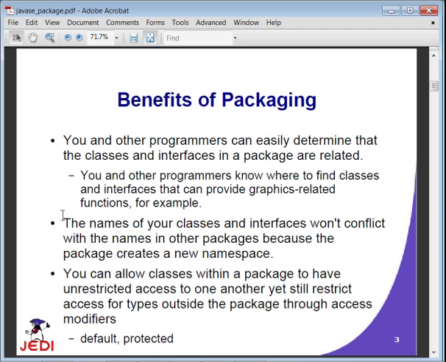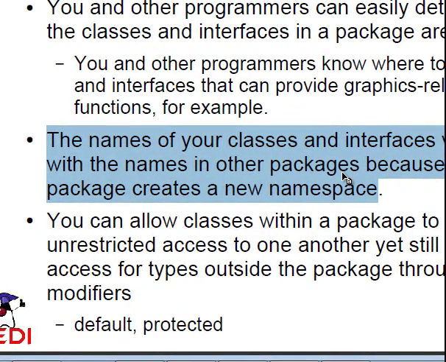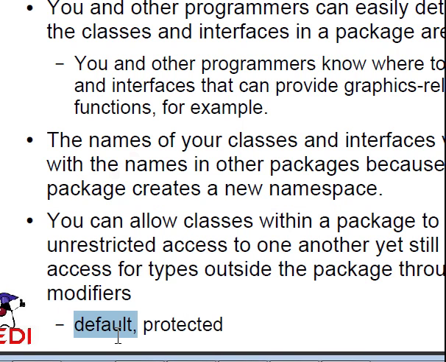The second thing is namespace management. If you happen to have classes that have the same name but are not really related, you want to have two different packages, and they are not going to be in conflict. The third bullet is access management. By using a default or protected access modifier, you can control who can access what.